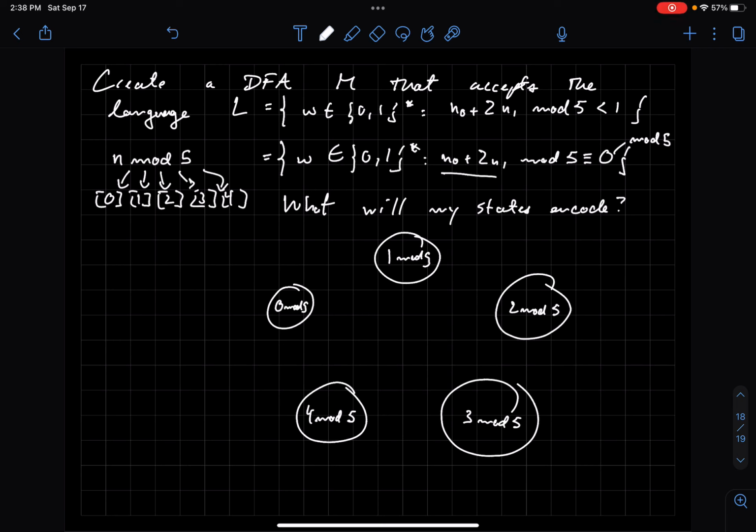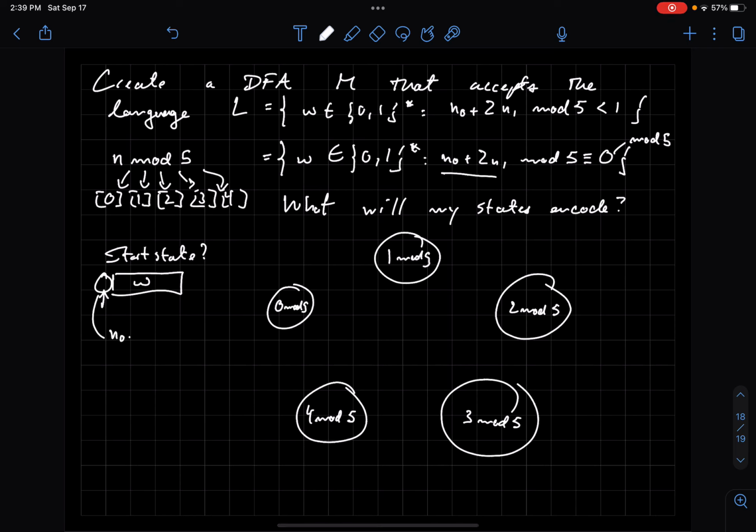Now, where's the start state going to be, right? Always ask yourself for the start state: what state encodes the information I have when I haven't read anything? So imagine you have some string W, but your pointer is pointing right before it, so you've seen nothing yet.